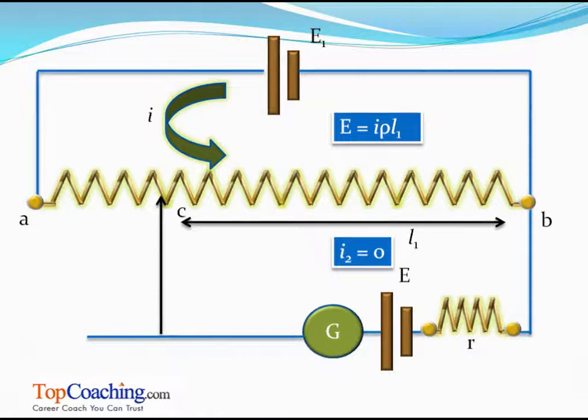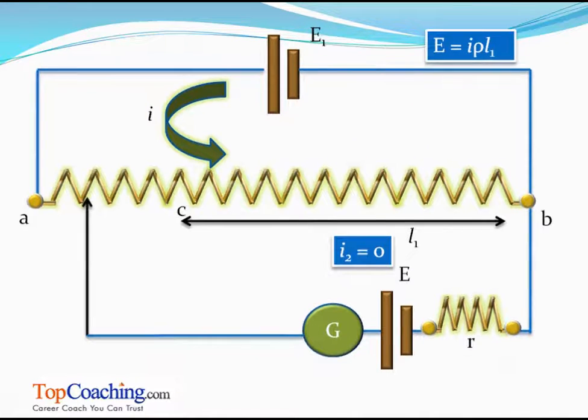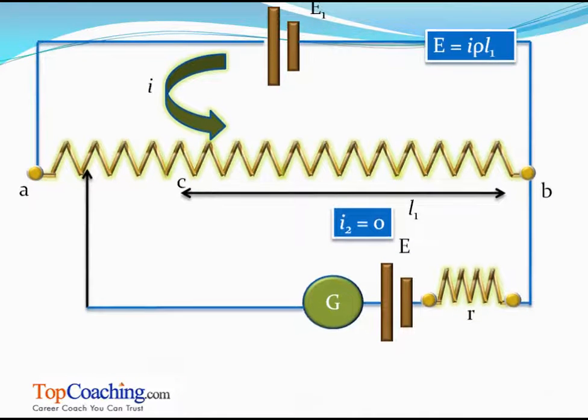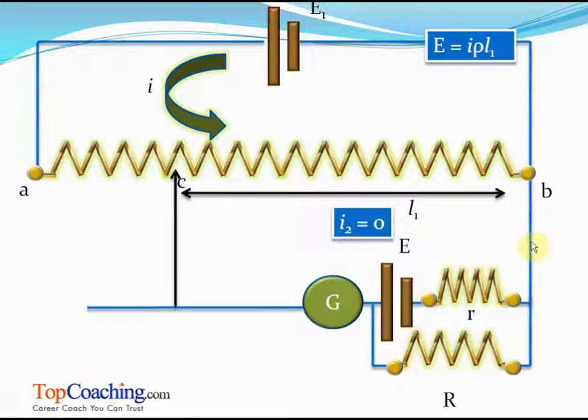Now we do something different. We connect an external resistance R in parallel here, like this. So as you can see, we have connected an external resistance capital R in parallel with the battery whose EMF is unknown and whose internal resistance is unknown.